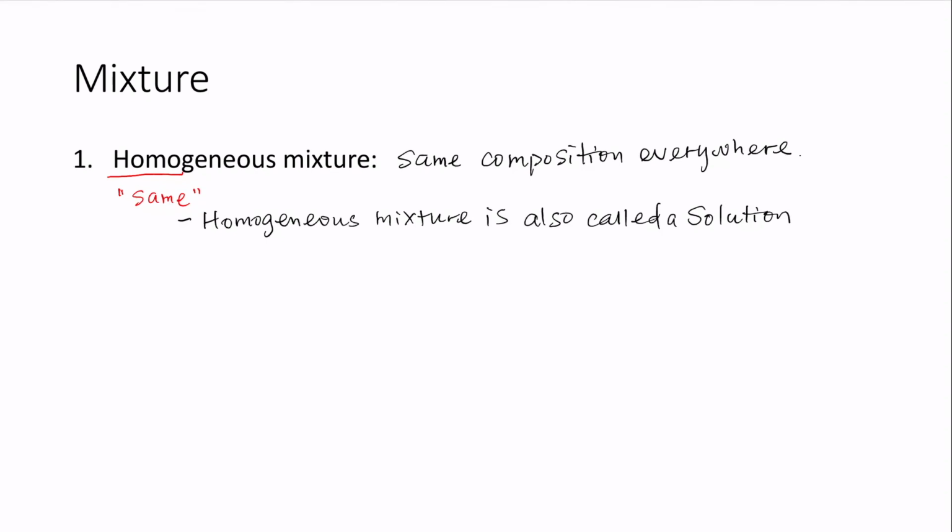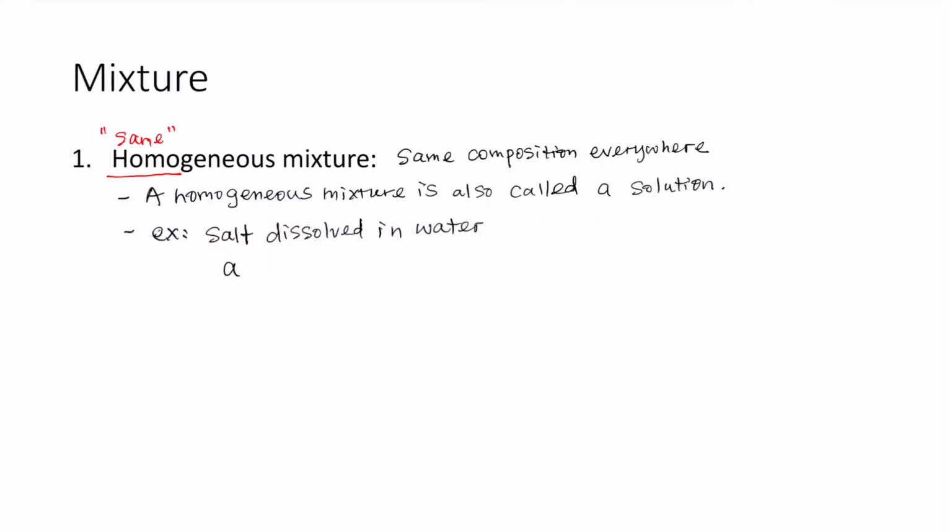Let's look at a couple examples here. Salt dissolved in water is going to form a uniform mixture, and because it has the same composition throughout, we would classify this as a homogeneous mixture. Another example is air, as we talked about earlier.